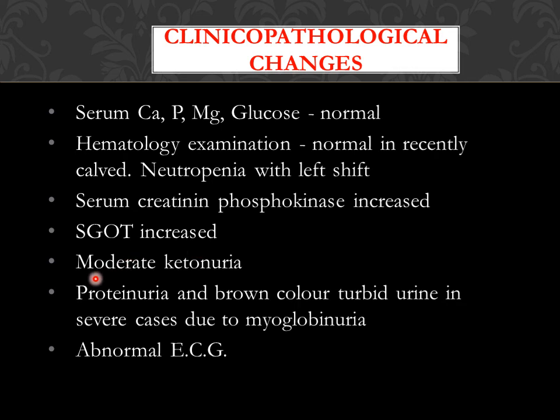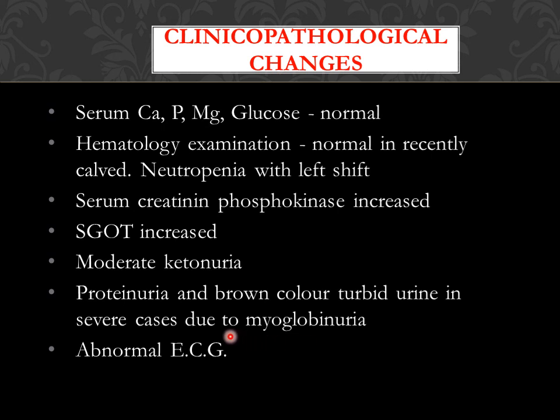Sometimes there is moderate ketonuria. This may be due to decrease in food intake, decrease in energy intake. So there is development of mild ketosis. There is proteinuria and brown colored turbid urine in severe cases due to myoglobinuria.